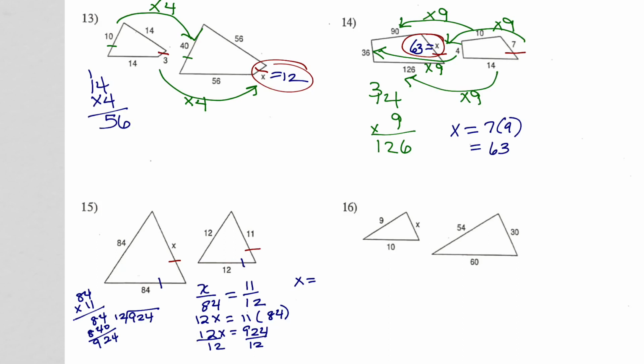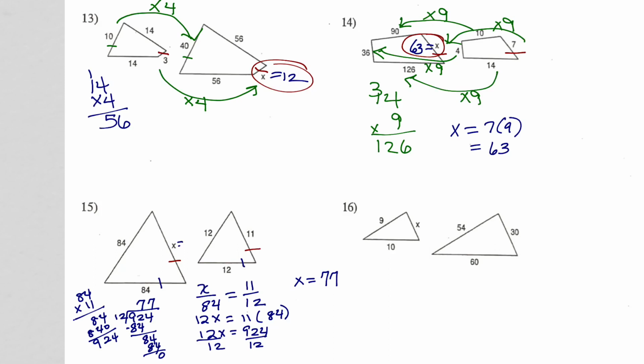That's the closest I can get there. So 7 times 12 is 84. I'm going to subtract. So subtract that from 92, and I get 8. I bring down another 4. So 12 goes into 84 7 times. All right, so x must equal 77.